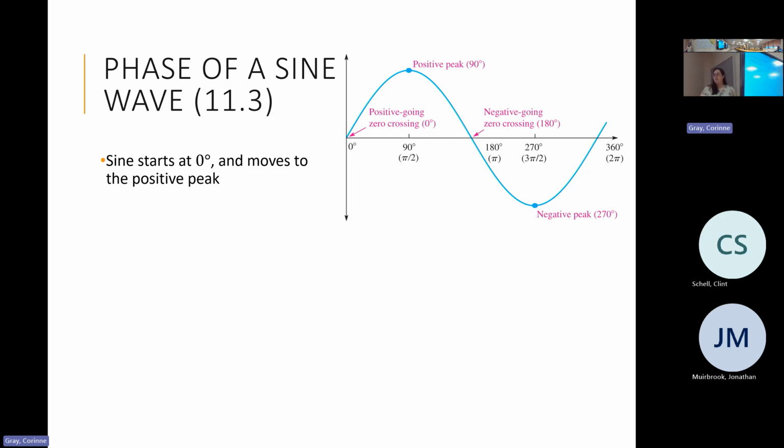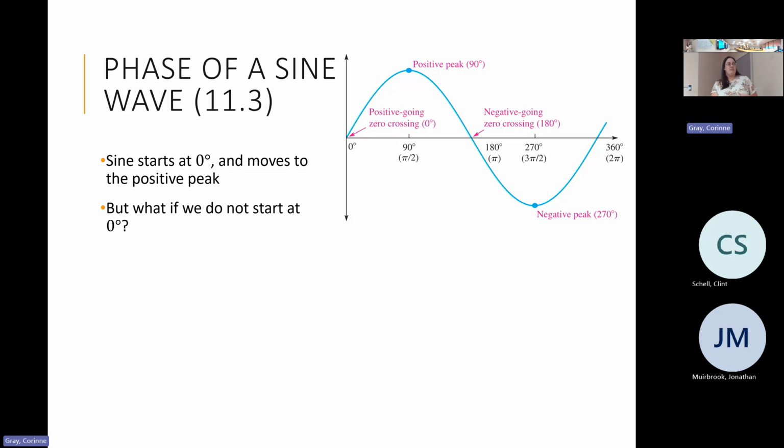So the question becomes, what if we don't start at 0 degrees or 0 radians? I need an equation that accurately explains what is going on, because with an AC source, whenever you start looking at it, that is where your time is equal to 0.